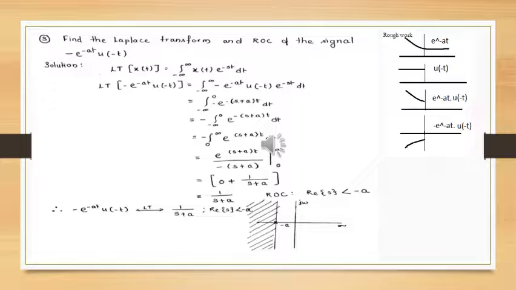Since the given expression is a left-sided signal as it involves u of minus t term, we have region of convergence as real of s less than minus a. So for a ROC, we draw a pole on the s-plane at minus a, draw a straight line passing through it and draw the shaded region towards the left side.